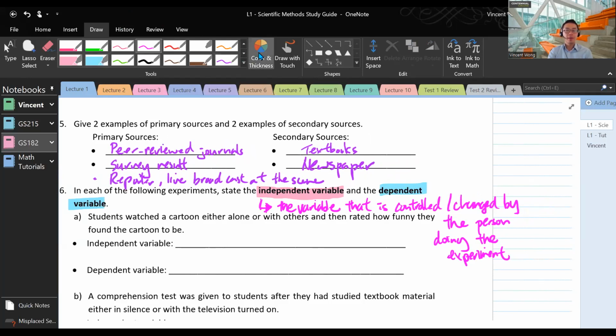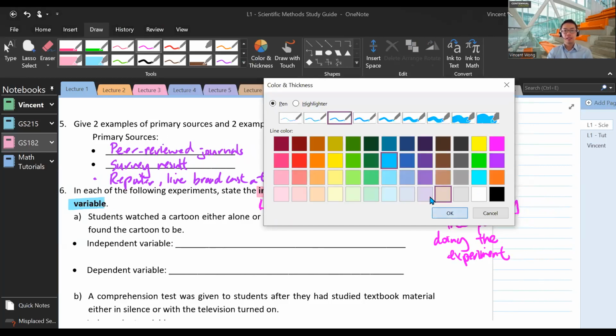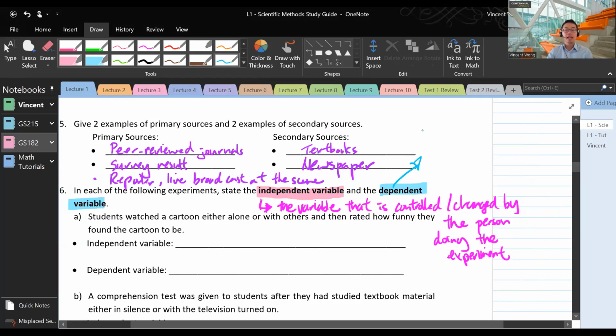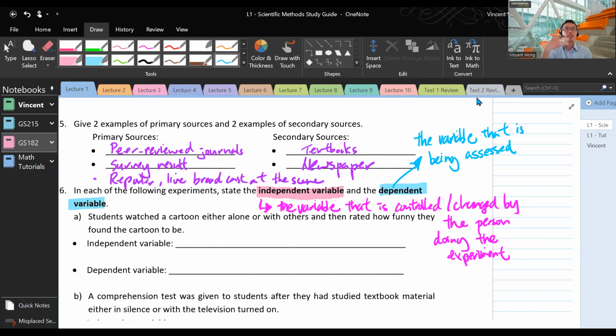Whereas the dependent variable is the one that is not controlled by the person who's doing the experiment, but rather this is the variable that is being assessed. This is the one that is being observed. This is the one that is being measured.